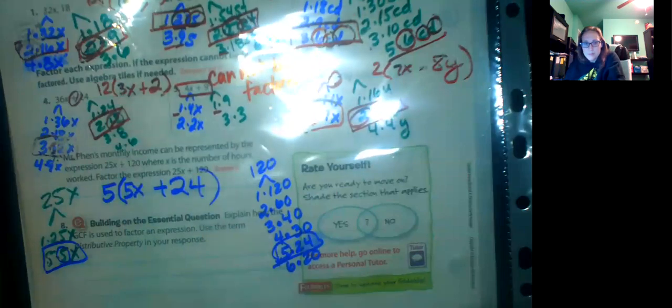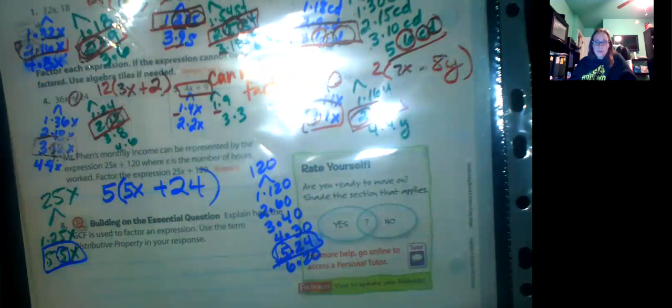Okay, and so I could keep going, but take a look. They don't have a 25 in common, but they do have a 5 in common. So that is the number on the outside. Then what's left? 5x plus 24. Okay.